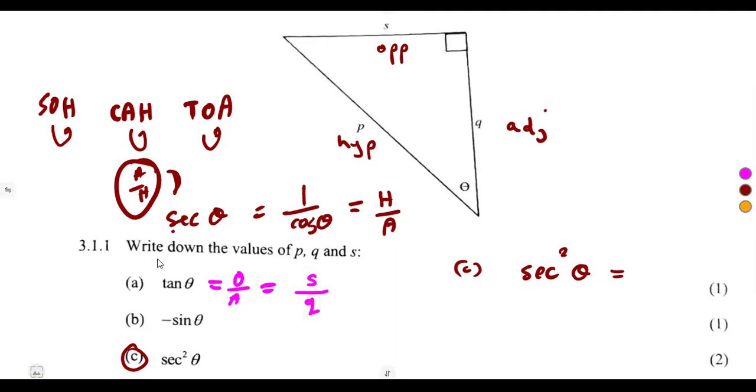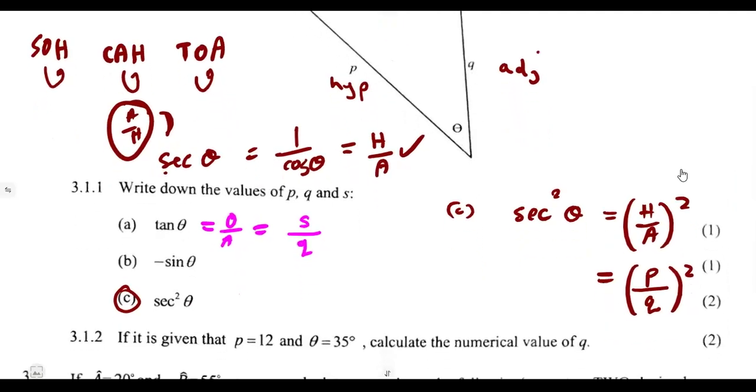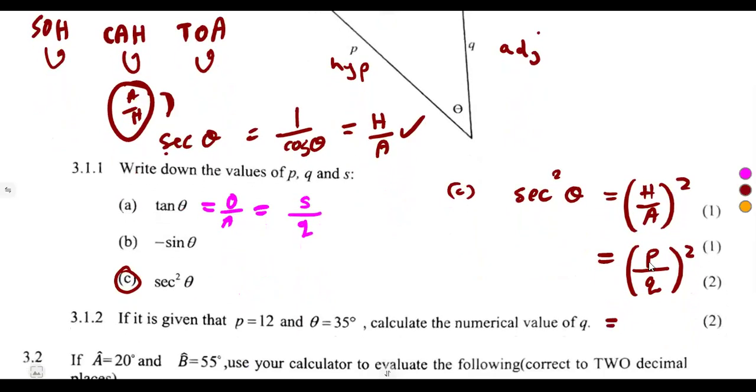So sec is hypotenuse over adjacent. But they are saying sec squared, so we must square it. What is our hypotenuse here? It is P over the adjacent, which is Q. But we must square this. So what are we going to have at the end? If we square this, everything will be squared. P will be squared, that's P squared. Q will be squared, that's Q squared, like that. You're done.